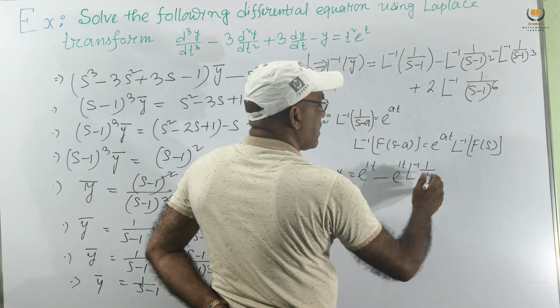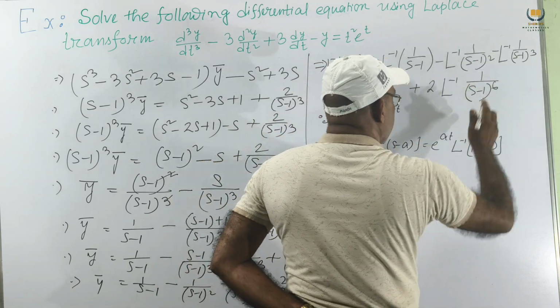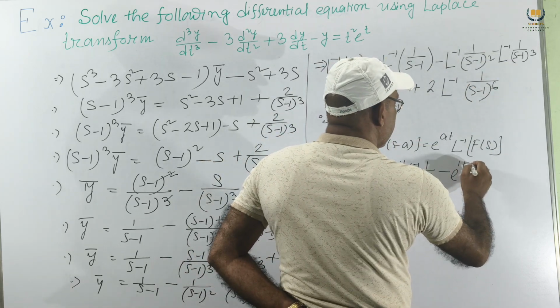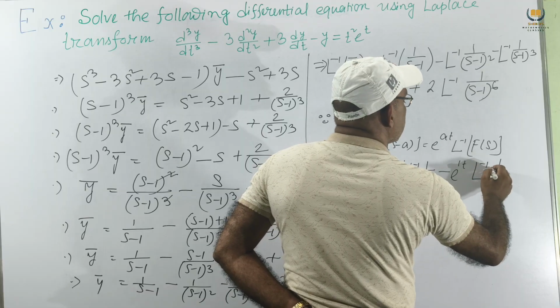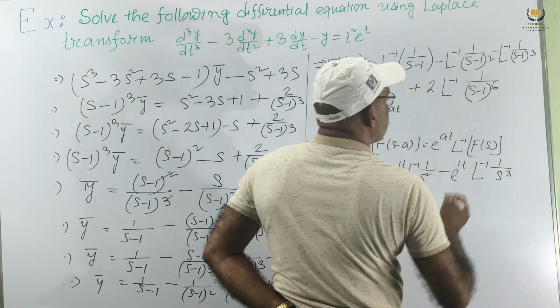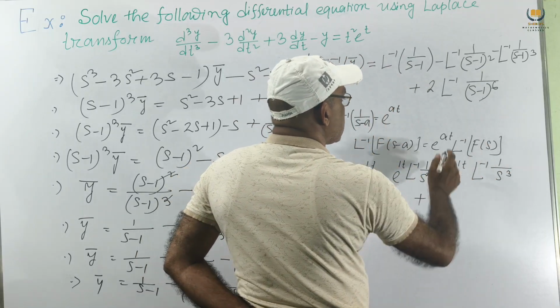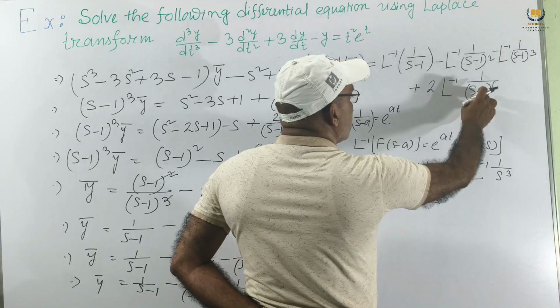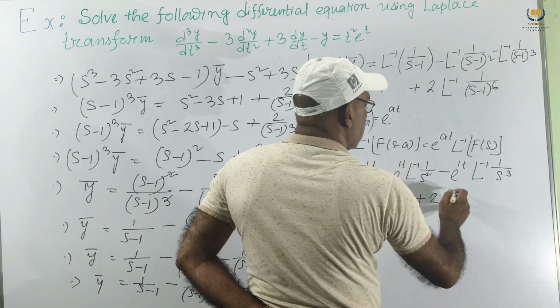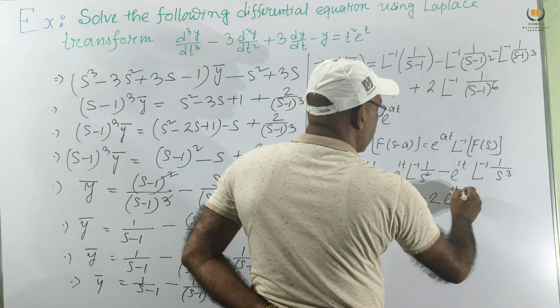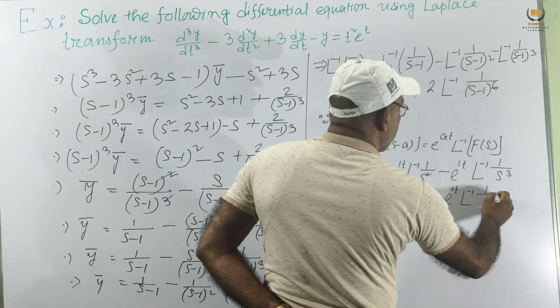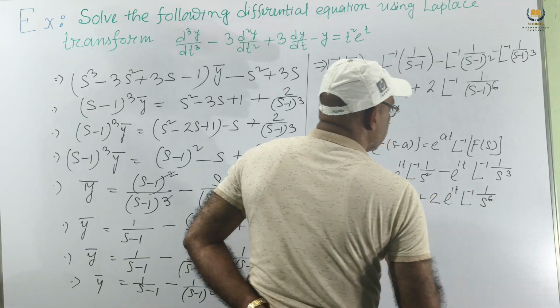And we remove this 1, e to the power 1t, L inverse 1 by s cube, plus 2, we remove this 1, e to the power 1t, L inverse 1 by s to the power 6.